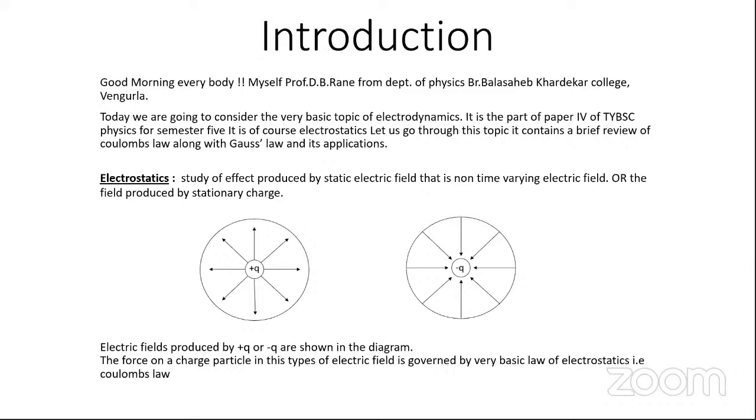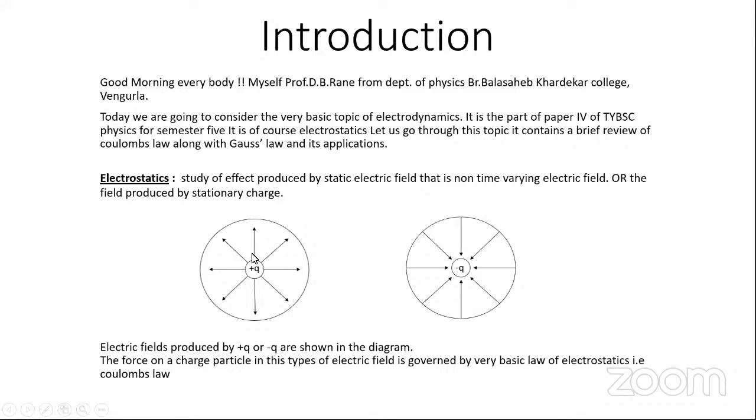During the course we will consider the time varying electric and magnetic field, and finally we will reach the description of electromagnetic disturbance, which comes from the sun to the earth, that is sunlight.